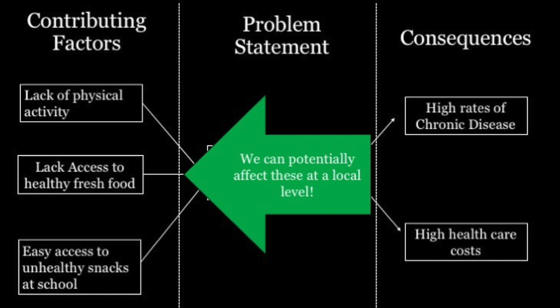Now, these ones we may be able to affect at a local level. These are contributing factors like the other ones, but the other ones we probably cannot affect at the scope our program is operating. These ones we may. So we can choose these in our problem model.